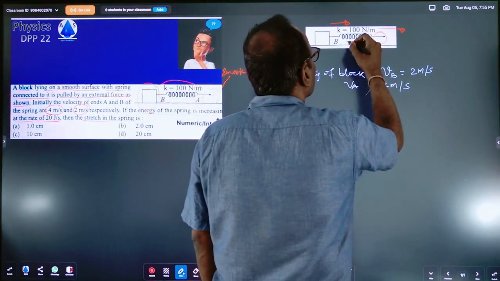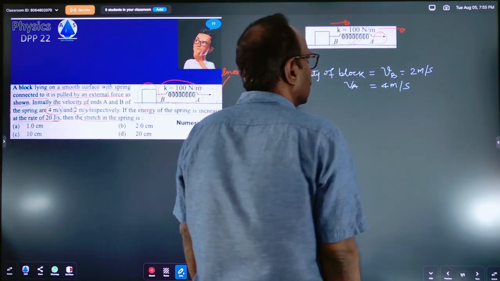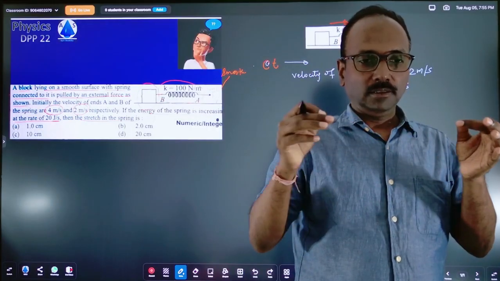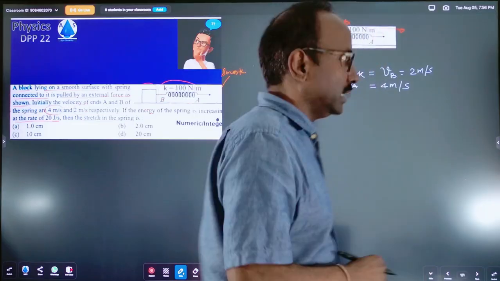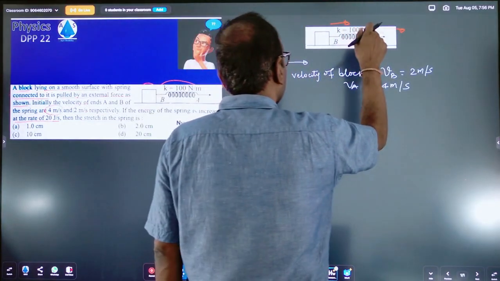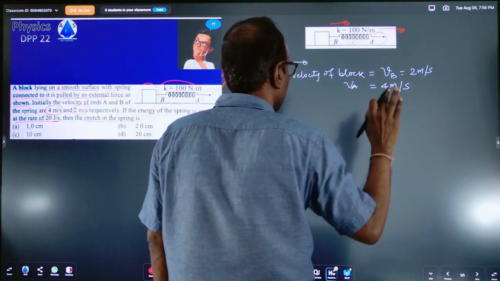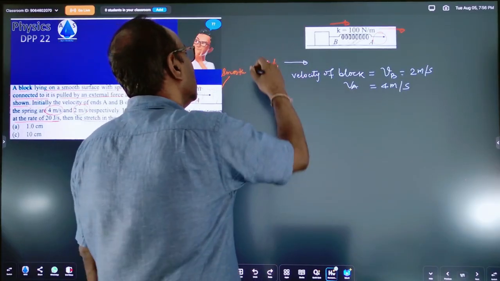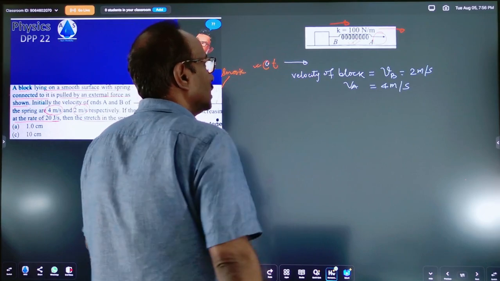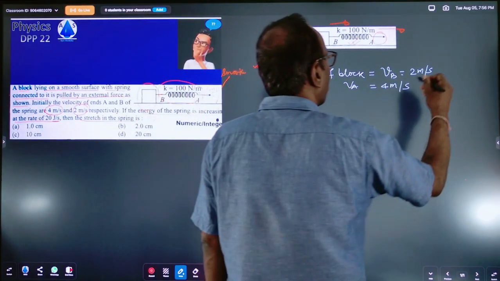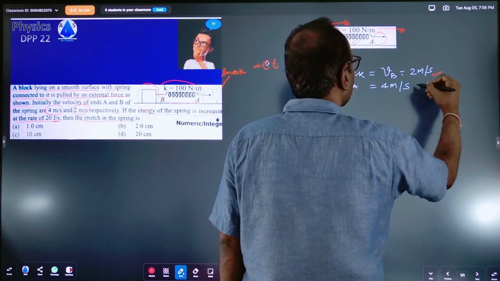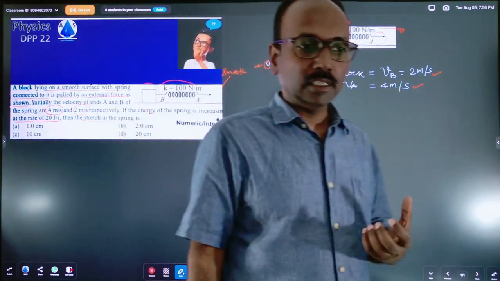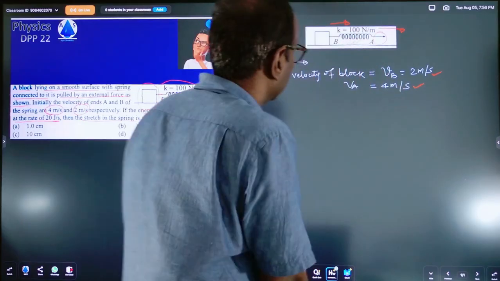Because of this, the spring will keep stretching till the time the velocity of A and velocity of B become equal. But in the question, it is being asked at the time when the velocity of B is 2 meter per second and velocity of A is 4 meter per second.